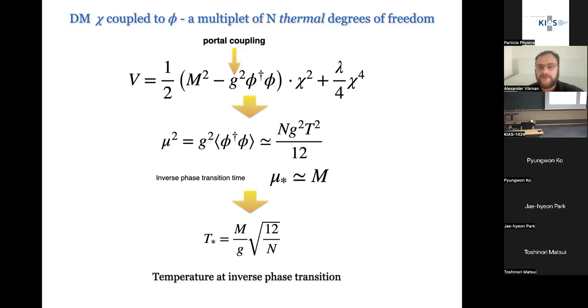As you see, it's proportional to the mass, and then we divide by this g. So basically, we would know immediately when this transition should happen. In reality, it happens at slightly higher temperatures, but not much higher. I mean, it's just some numbers.